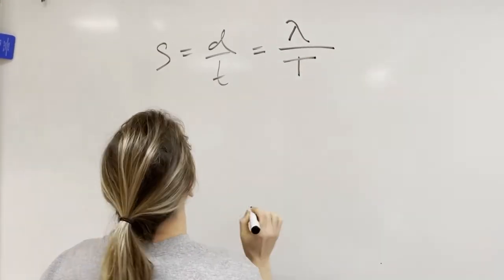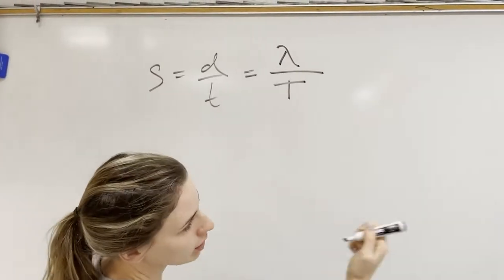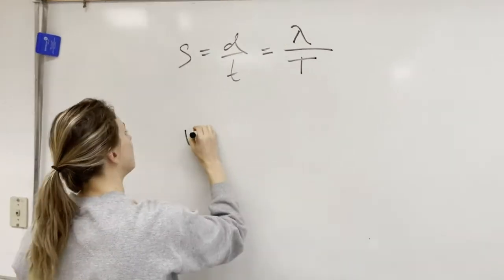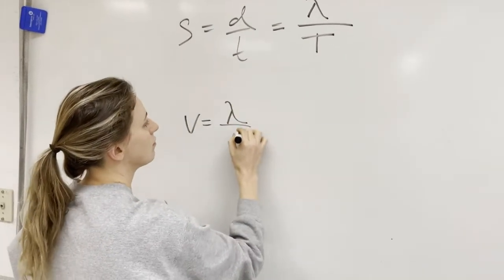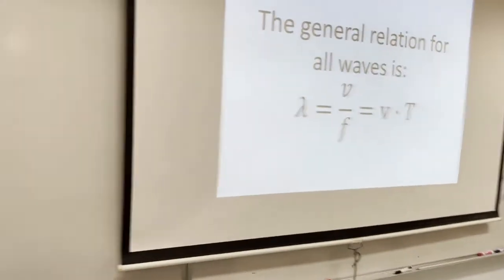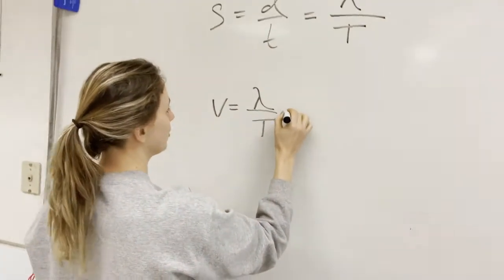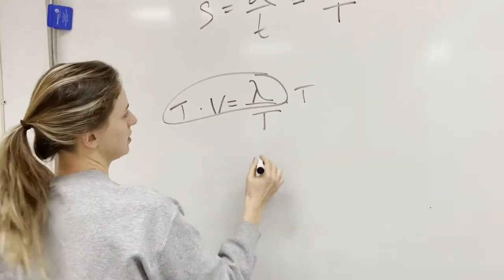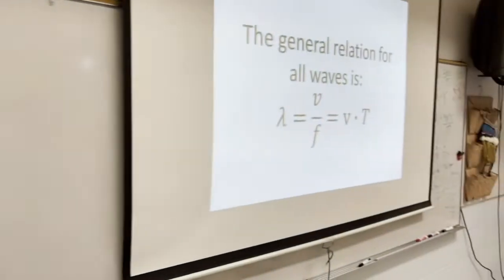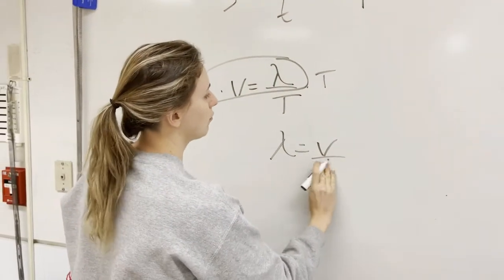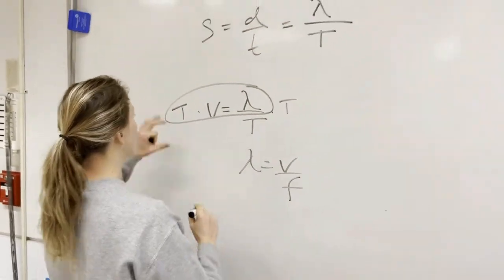So velocity equals wavelength over t, and multiplying by t gives the same thing as saying v over f, frequency. Sorry, my bad.